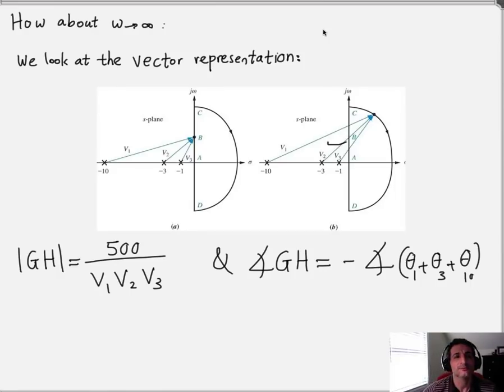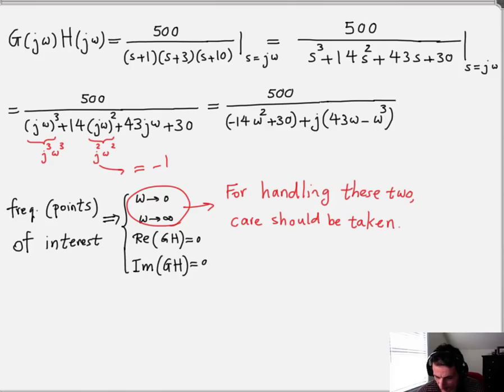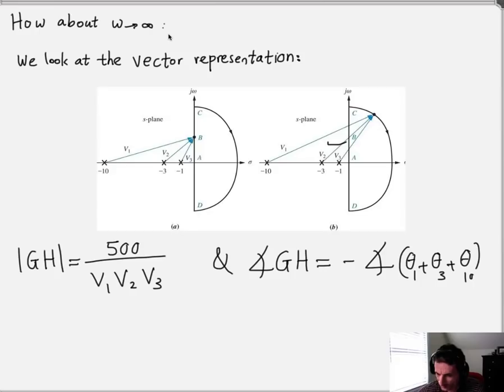All right. So now for around omega equal to infinity, quite often we need to look at the vector representation, because that's going to be the most effective way to address the case of an infinite omega. If you remember, in this example we had just three poles and a gain of 500 in the numerator.